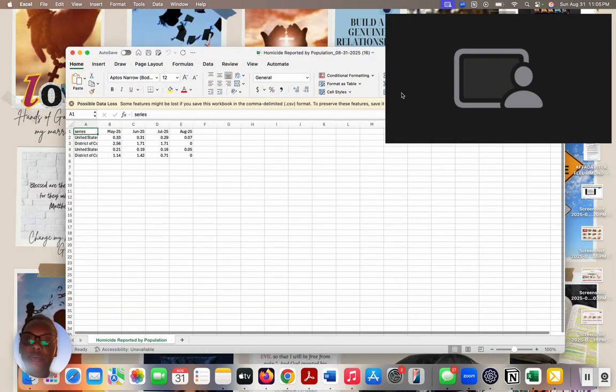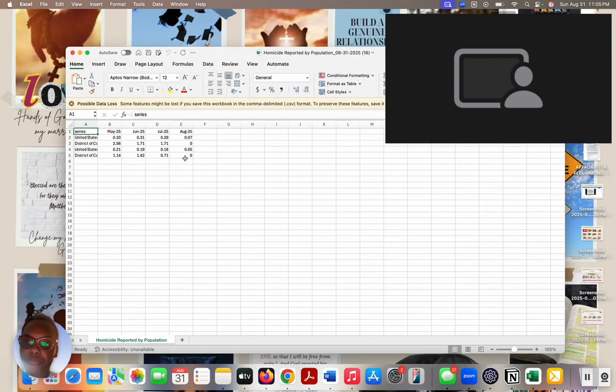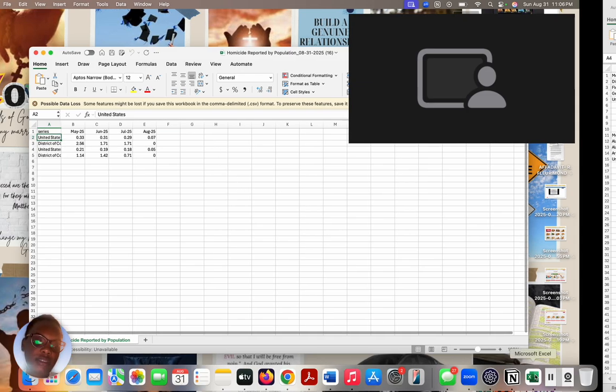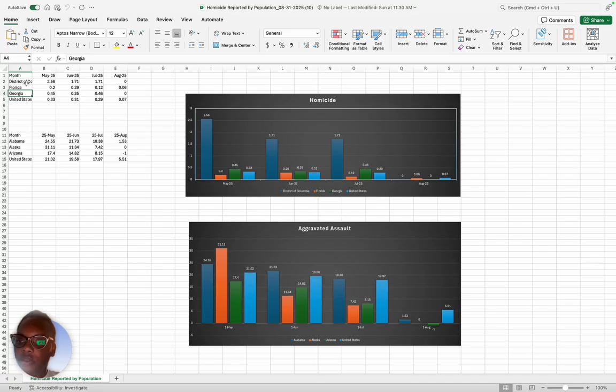I open that information and I use the rate for District of Columbia and the rate for United States for my graph as seen here. So I use the rate, and this would be the same rate for everything moving forward for each state.